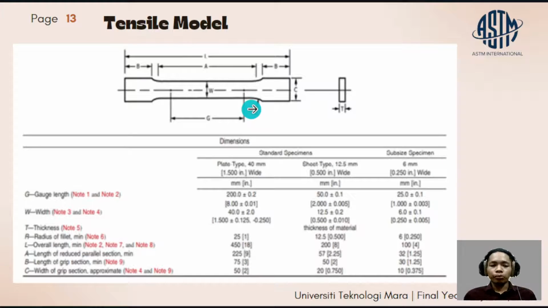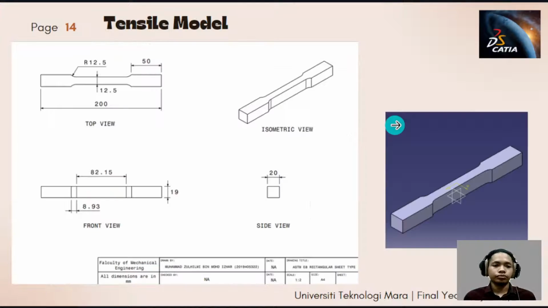For modeling the tensile model, I use the worldwide standard ASTM International for designing sheet type metal. I use these parameters and dimensions to design this model in CATIA.